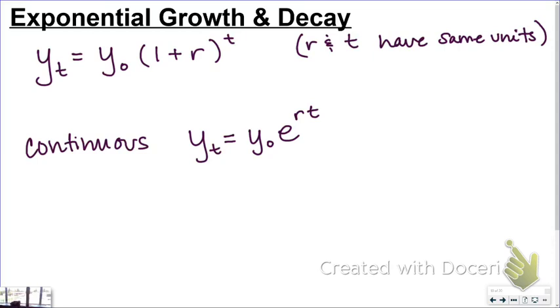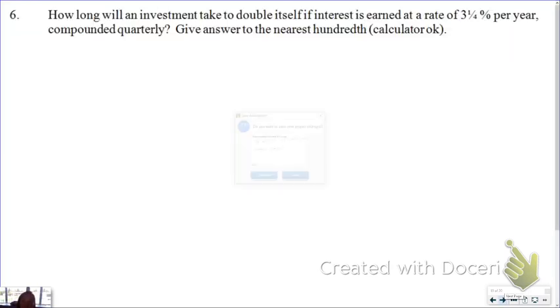Okay, so let's have a look at this problem here. How long will it take an investment to double itself if interest is earned at a rate of 3.25% per year compounded quarterly?